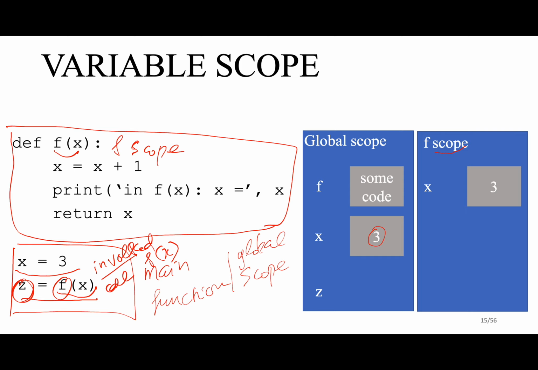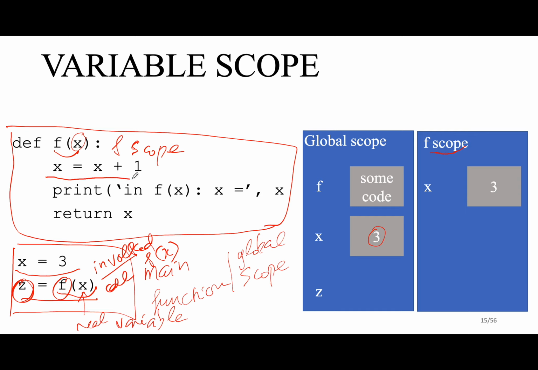When the f scope has memory, it creates memory for the formal variables, so now the formal variables become real variables.